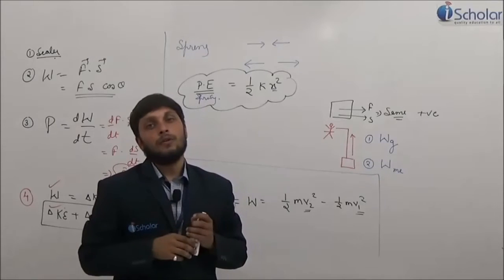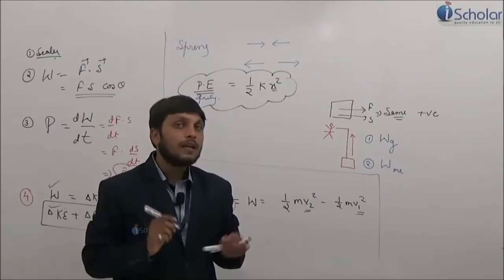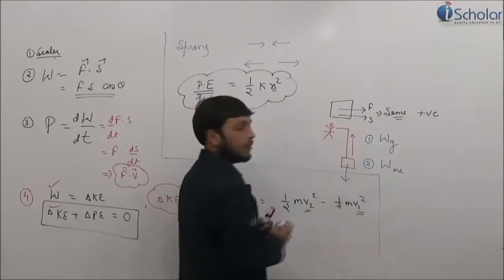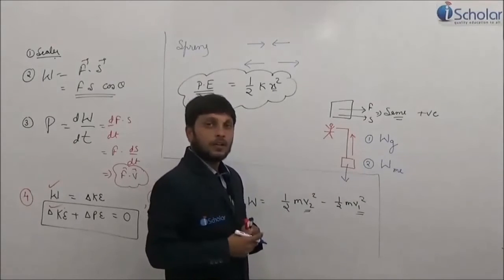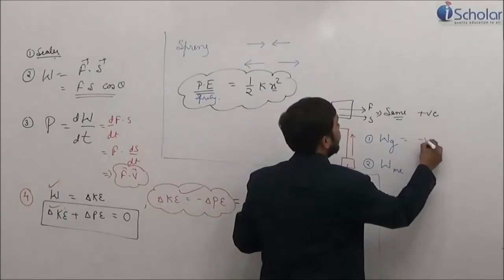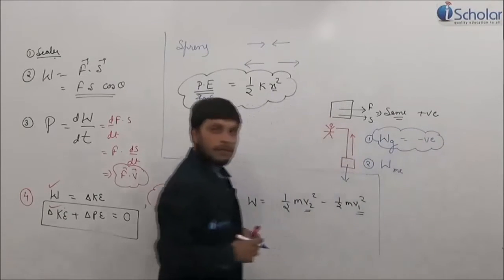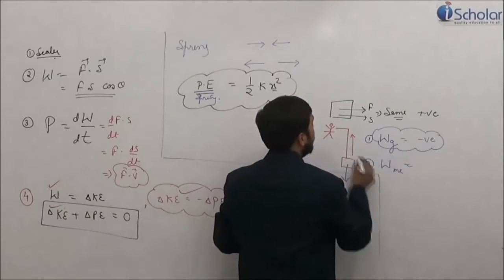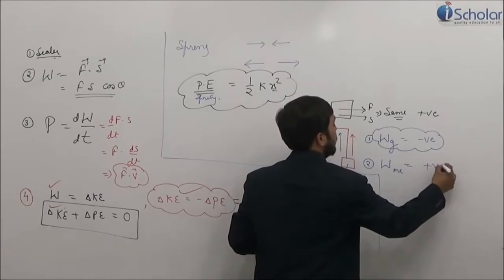First, the work done by gravity. What is the direction of gravity on the block? You will say, sir, this direction. What is the direction of displacement? This direction. So work done by gravity will be negative. Work done by me: the force applied by me is in this direction, displacement is this direction, so it will be positive.